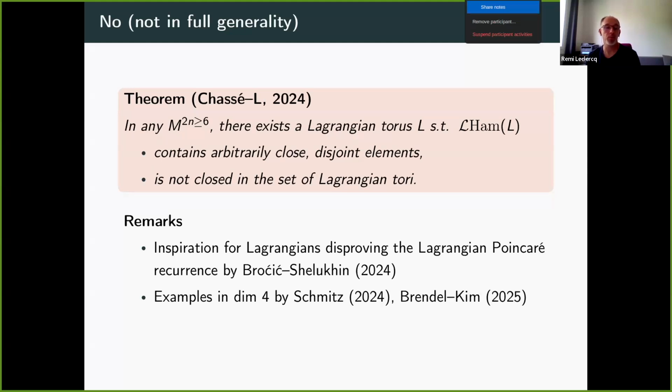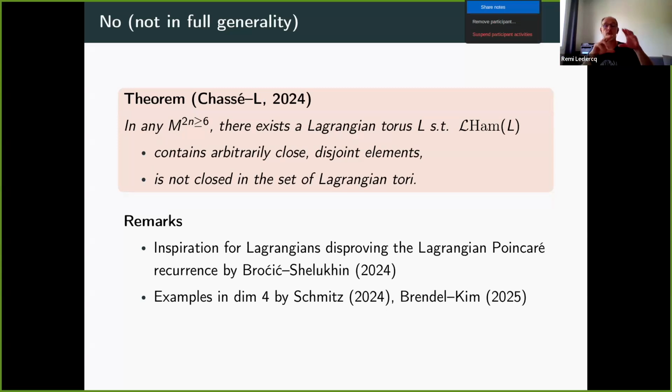There were examples found really soon after by Schmitz in dimension 4, and I think he also disproves the Lagrangian Poincaré recurrence with these examples. Then a few weeks later, there were other examples by Brendel and Kim. This time they don't disprove the Lagrangian Poincaré recurrence, but they also have Lagrangian tori with nasty topology, with this type of properties.